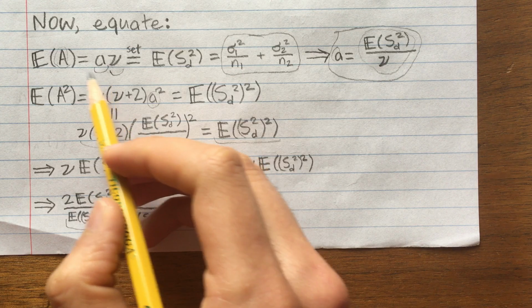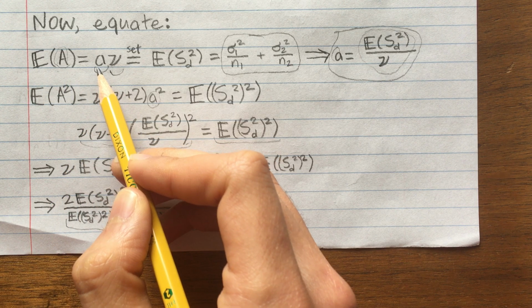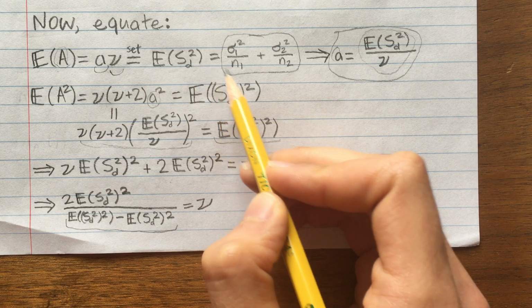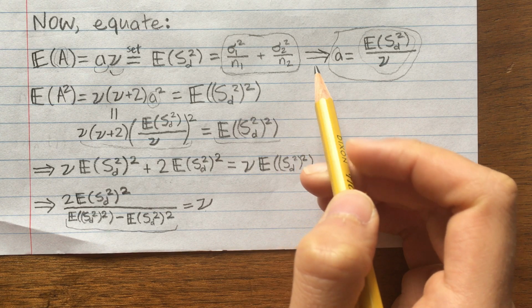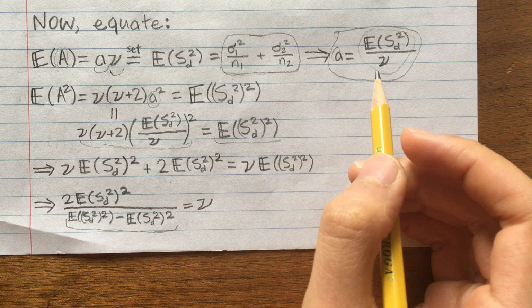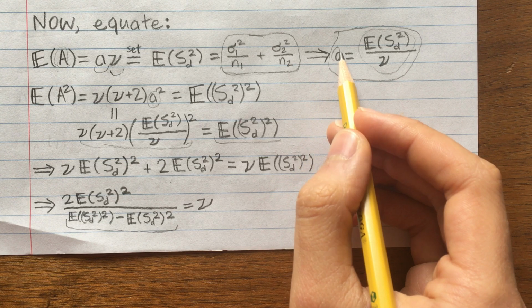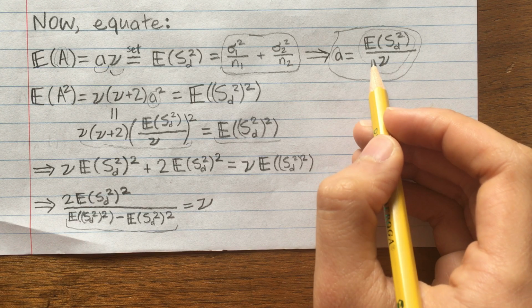So here we're just setting the expected value of A, which is little a times V, equal to the expected value of SD squared, which is just the standard error squared, which means that the scaling factor is just the expected value of SD squared divided by V, the degrees of freedom.